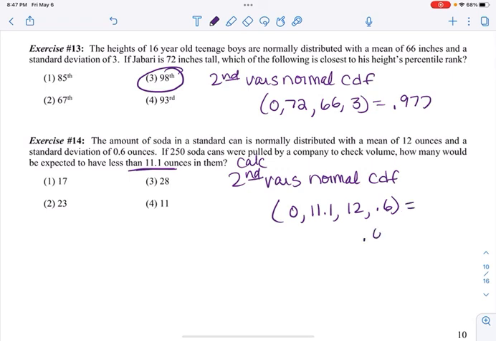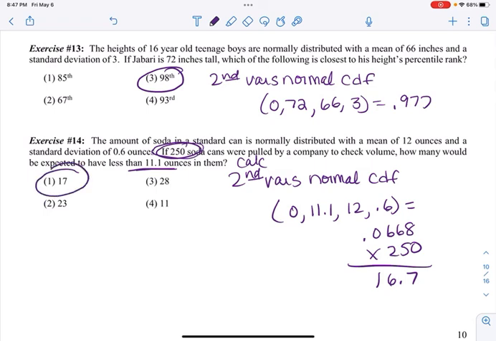That gives me 0.0668. That's the percent, but I want to know, if there are 250 cans of soda, how many cans would have less than 11.1 ounces. So I'm going to multiply it by 250, and that comes out to be 16.7. So 17 cans of soda. All right, and that was it.